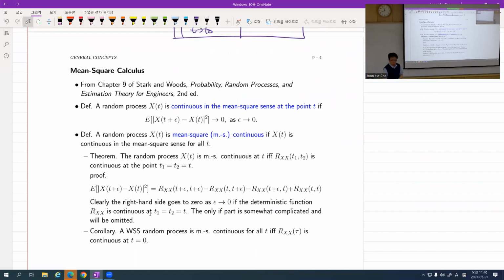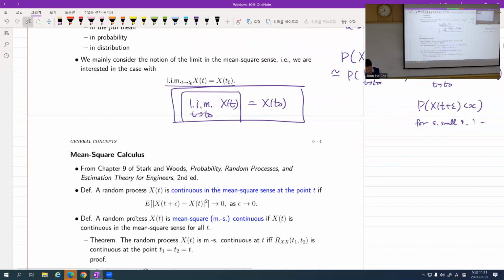And as you know from the definition of mean square convergence, let's define this notation like this. Here goes the definition. Limit in the mean of x of t as t tends to t0 equals x of t0 means this one.